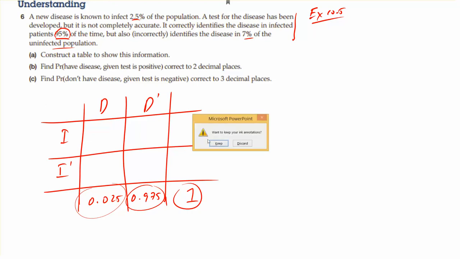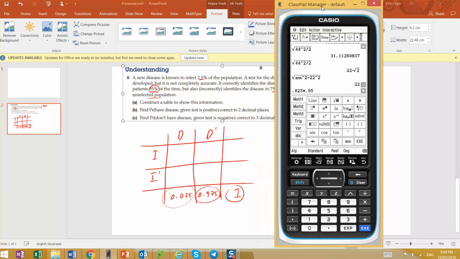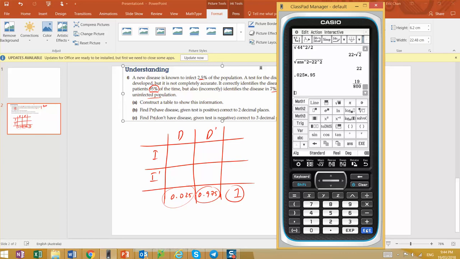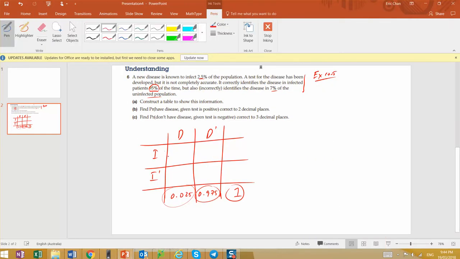So what you have to do is take 0.025 and multiply it by 0.95, because 0.95 of the time it's correct. So you get 0.02375.